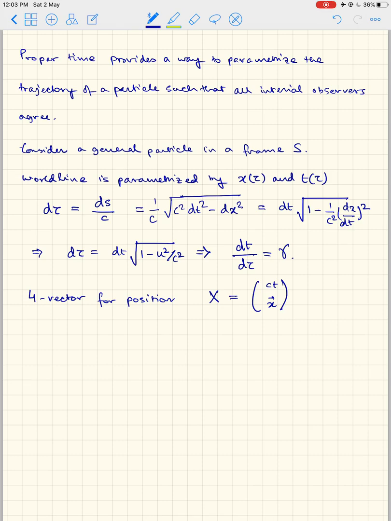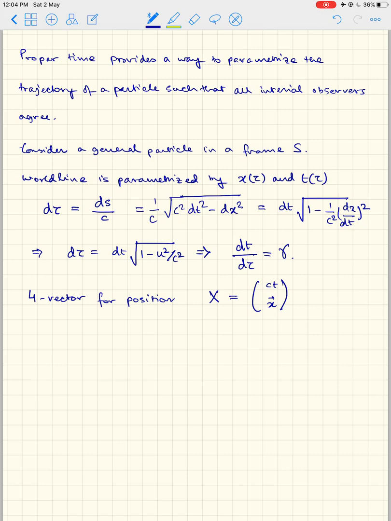But now we have been able to find something which is invariant under all inertial frames. So Lorentz transformations keep the proper time the same. This helps us in defining a 4 velocity. So let's see how you do that.